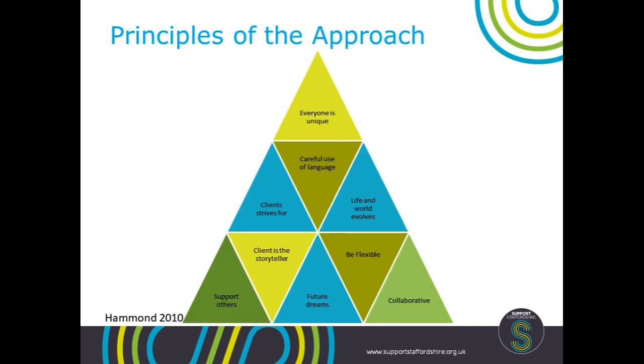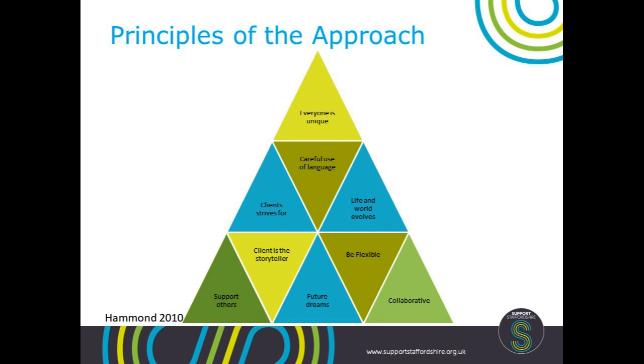So the principles of the approach: there are nine of them from Hammond in 2010, and he built on the original six that Rapp came up with in 1993. So Hammond's principles are: everyone's unique, so everyone possesses a uniqueness that helps them to evolve and move along their journey.